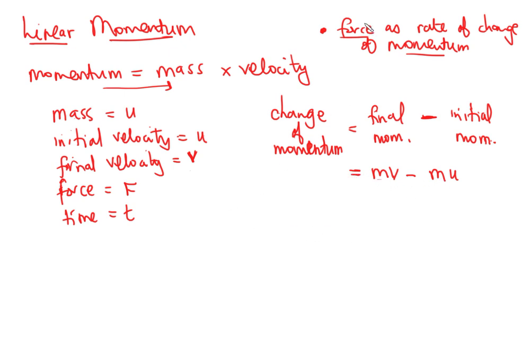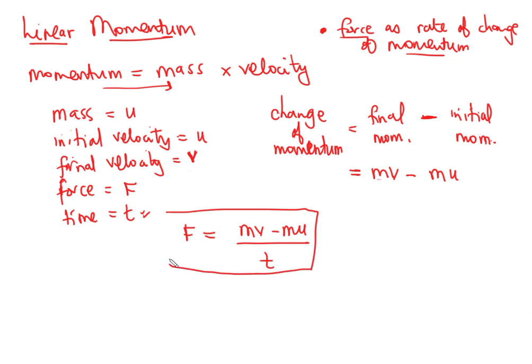So hence, when you say force is the rate of change of momentum, we are going to divide that by the time the change of momentum happened. The change in momentum happened in time t. So therefore, our force is going to be equal to mv minus mu all over t. That's what Newton said, right?